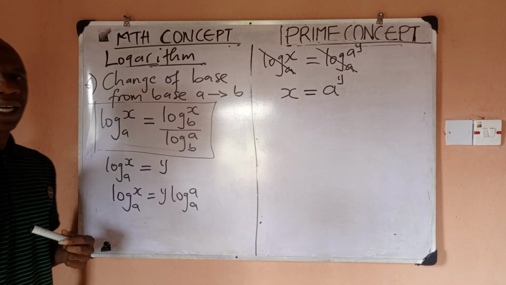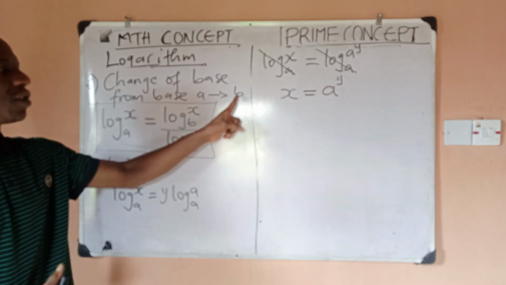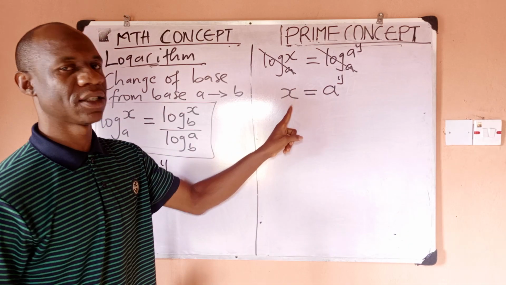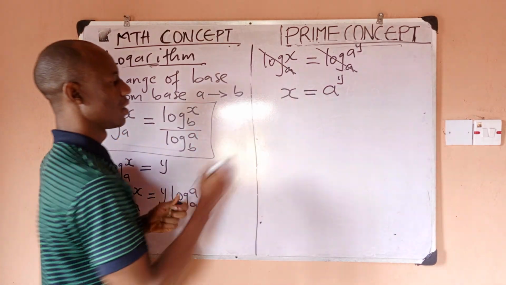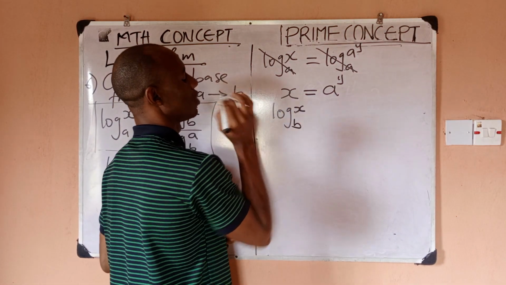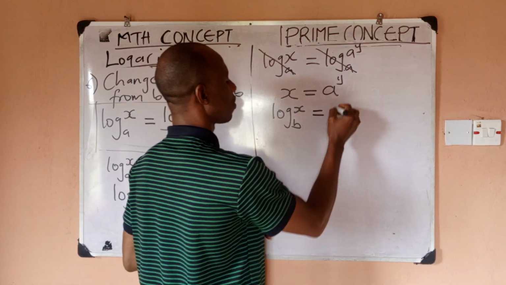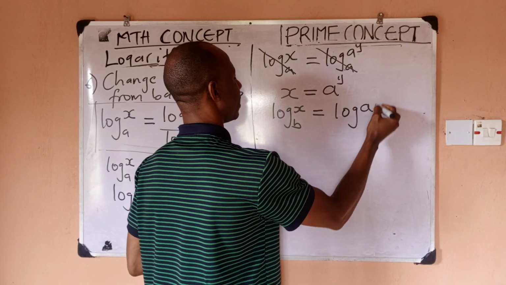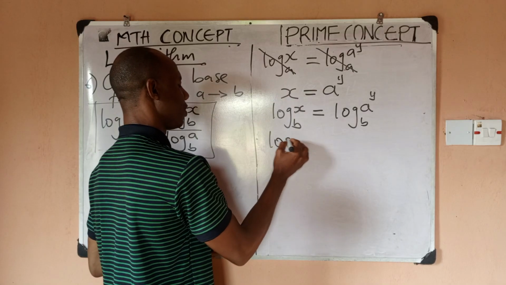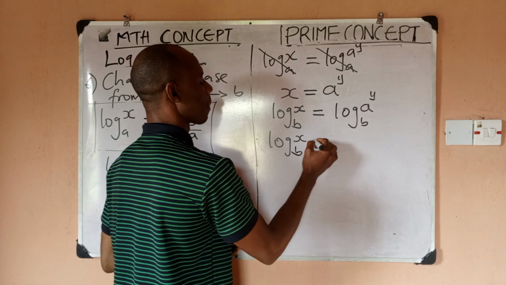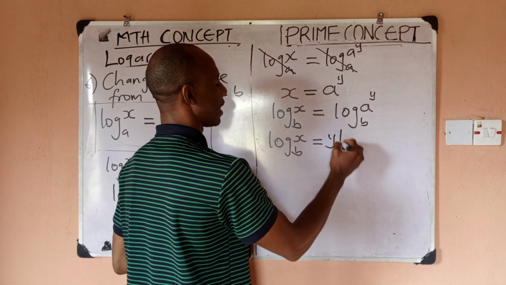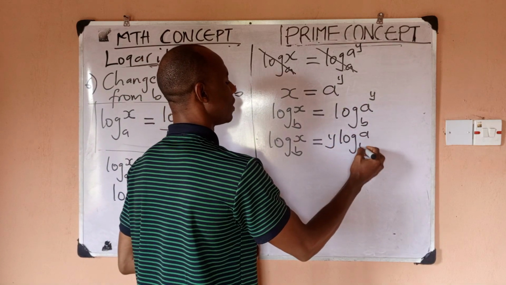Y. Now I want to achieve a new base. And what is the new base I want to achieve? Base B. So I'm going to take log to both sides of base what now? Base B. So I'll have log x to base B, which is what I need, would be equal to log A to power y base what? B. So I have log x base B equal to, now power law, this y would come behind. So I have y log A base B.